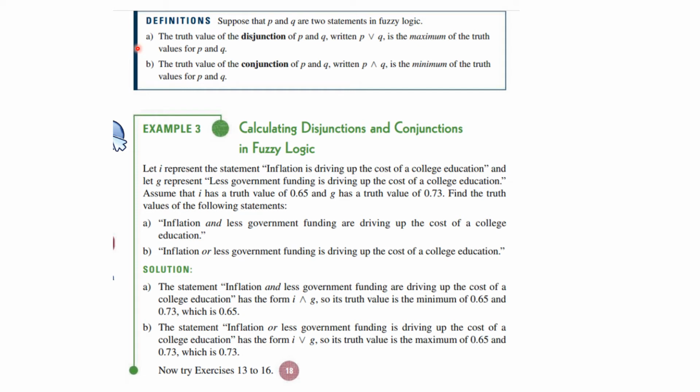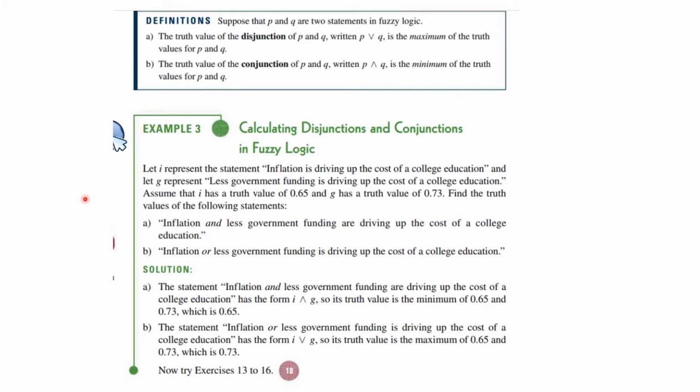The truth value of the disjunction of P and Q, written P or Q, and again the symbolism is something you want to know about, is the maximum of the truth values for P and Q. So it's the maximum of those. The truth value of the conjunction of P and Q, written P and Q, is the minimum of the truth value for P and Q. And when you think about this being or and this being and, that's very consistent with what you would expect it to be.